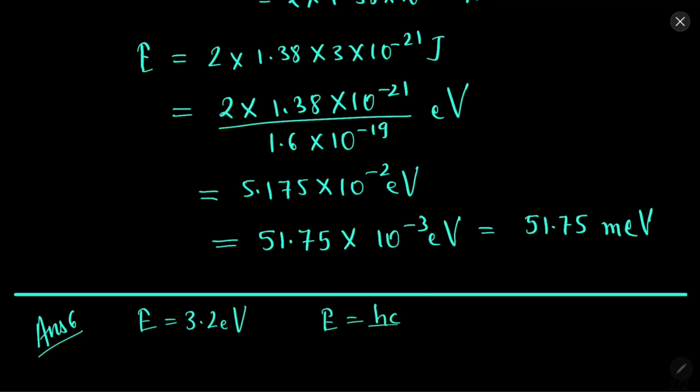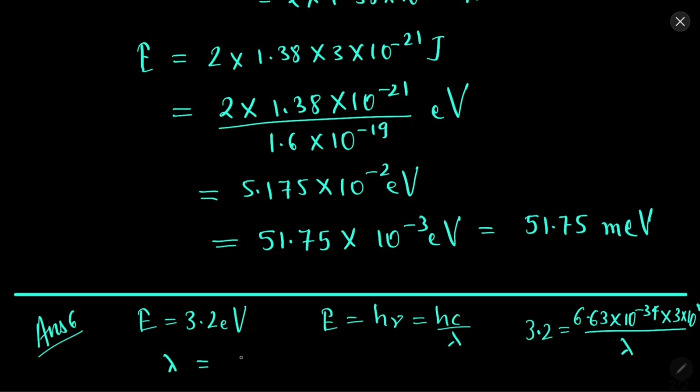We know that energy is h nu, which is hc over lambda. So 3.2 equals h, which is 6.63 into 10 to the power minus 34, into the speed of light, which is 3 into 10 to the power 8, over lambda.